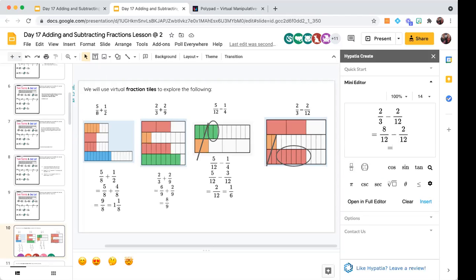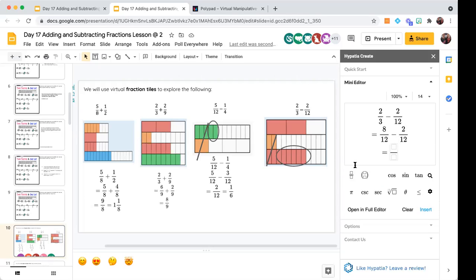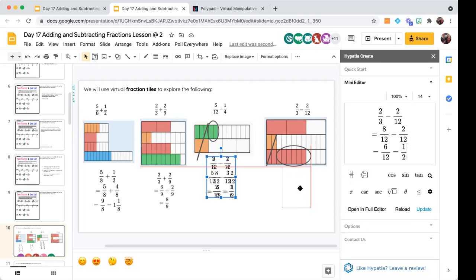When we actually took away the 2, I can count 2, 4, 6. I have 6/12 left over, which is the same then as 1/2. And then I'll insert that picture in.